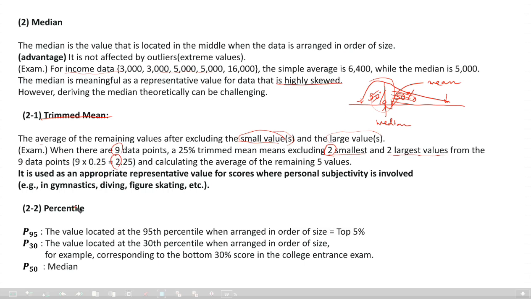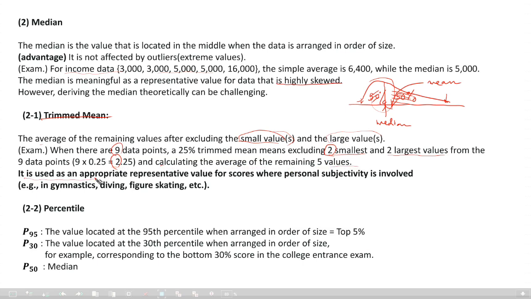If you use 3 and exclude the 3 smallest and 3 largest, then the remaining is 3, and you would calculate the mean with only 3 values. It is not reasonable. So it is the average of the remaining 5 values.